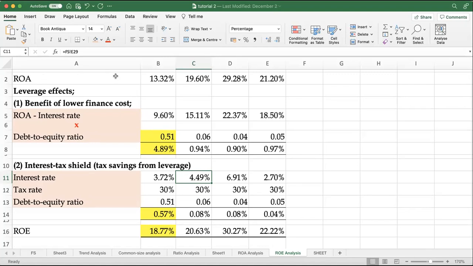The other one is the leverage effect. You can remember we divided the leverage effect into two. One is the benefit of lower finance cost. The other one is tax savings from leverage. The total of these three is equal to ROE.